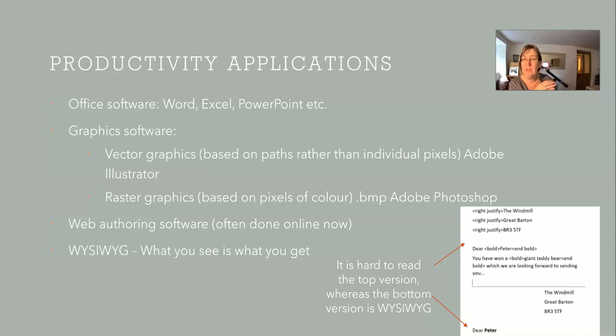Graphics software, vector graphics and raster graphics. So vector graphics, in this type of graphic, the image is developed by the computer knowing the path of lines and shapes, and then drawing the image based on those paths between 2 points.